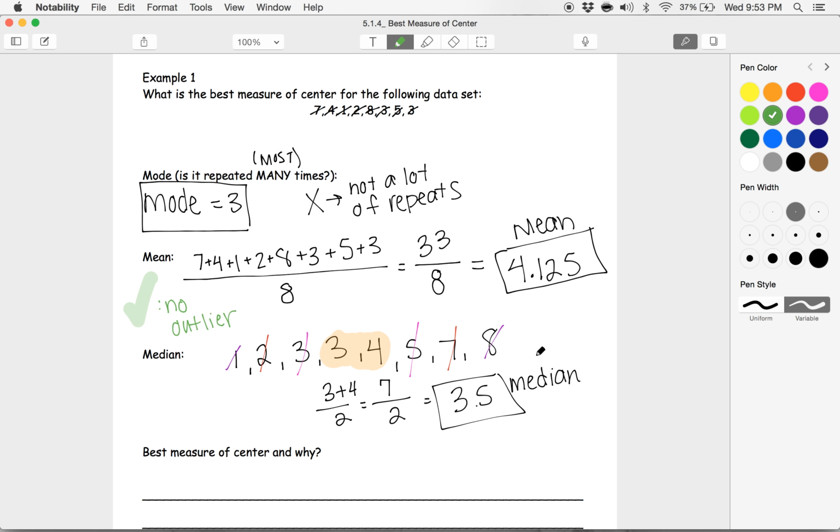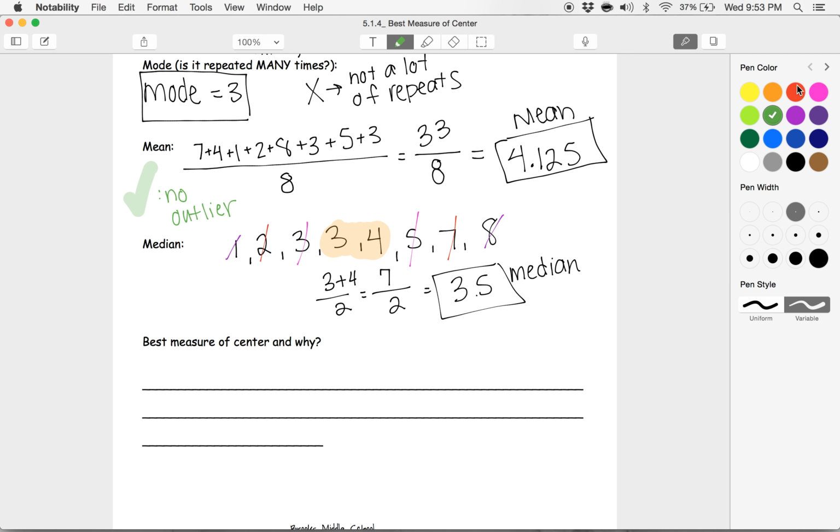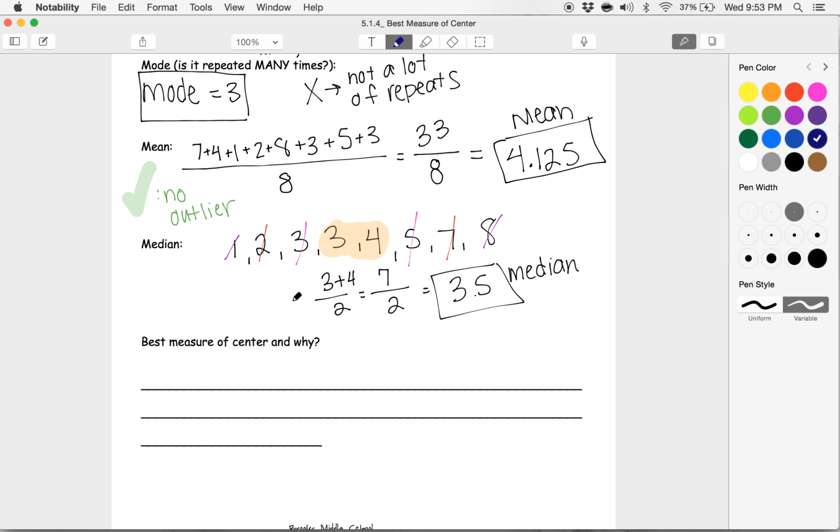So in this case, mean is my best measure of center. Because there is no outlier.